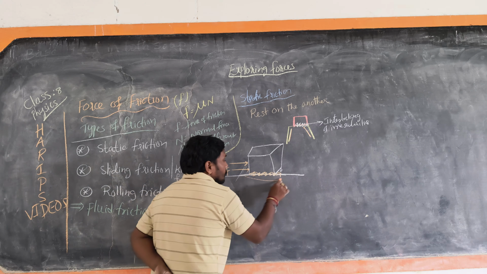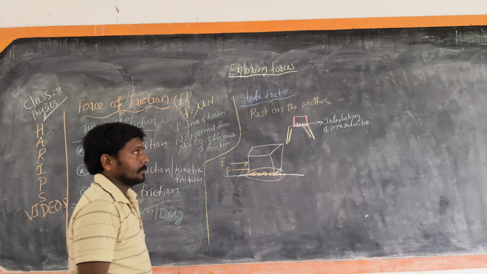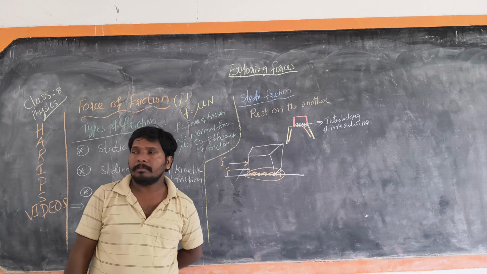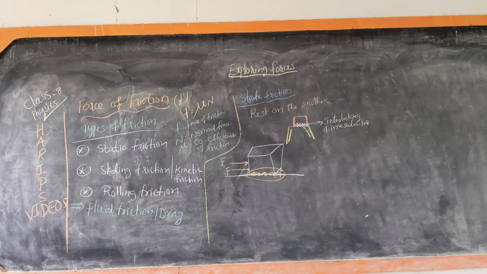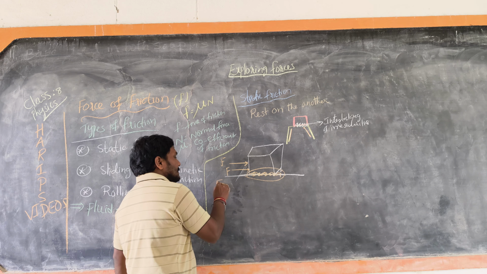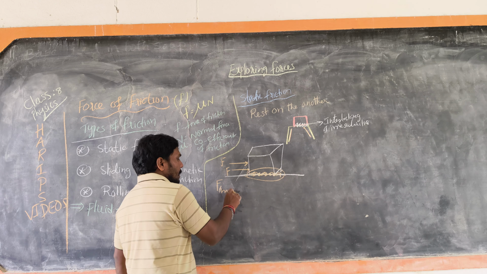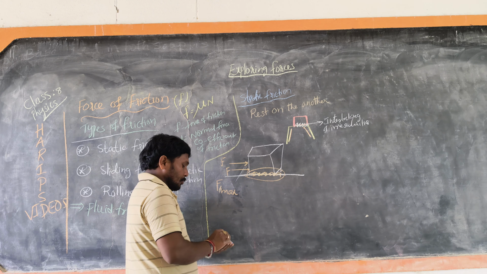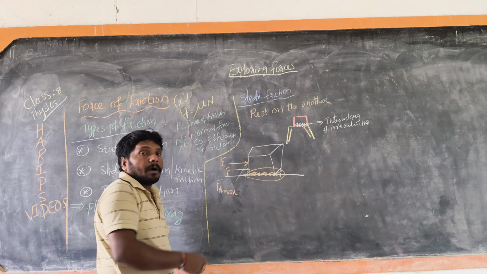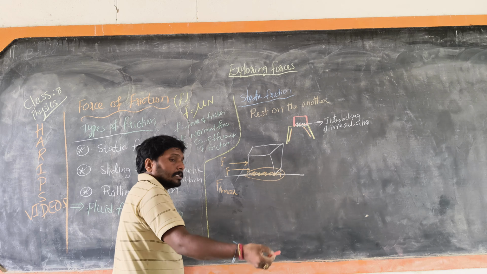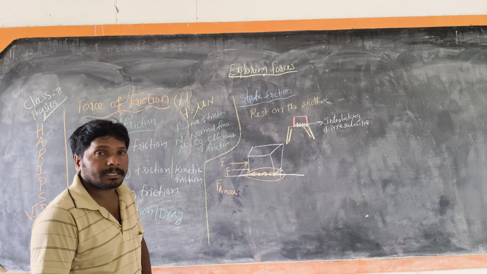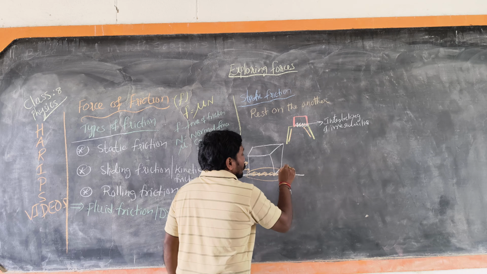To overcome this interlocking of irregularities, what do we have to do? We need to apply maximum force. Due to this maximum applied force, the heavy box or object which is at rest starts to move.